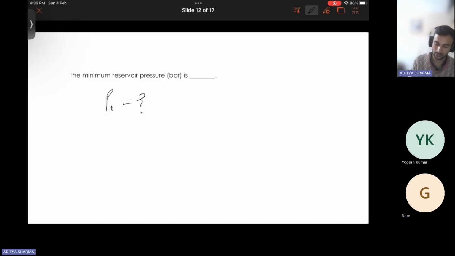So I shall just write this down. T naught by T is 1 plus gamma minus 1 by 2 M square.